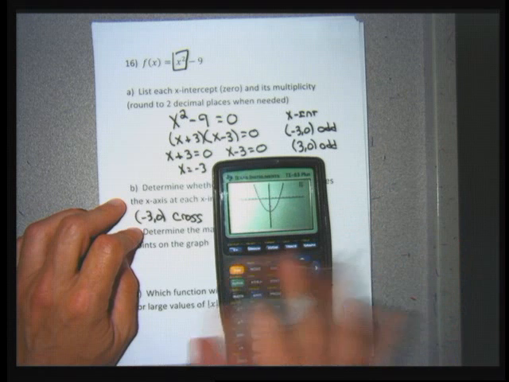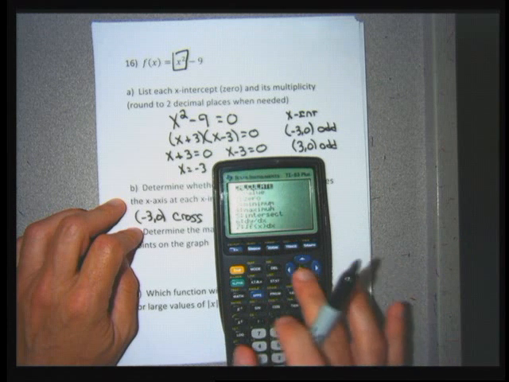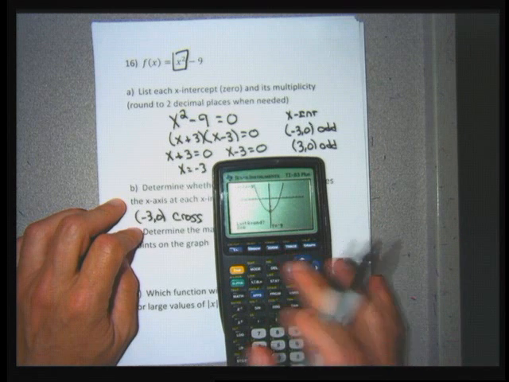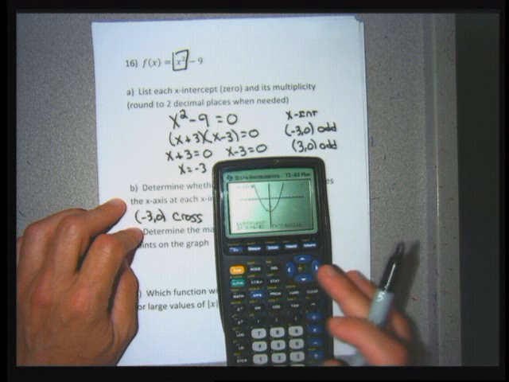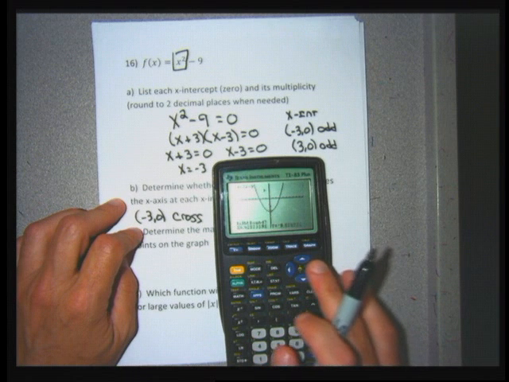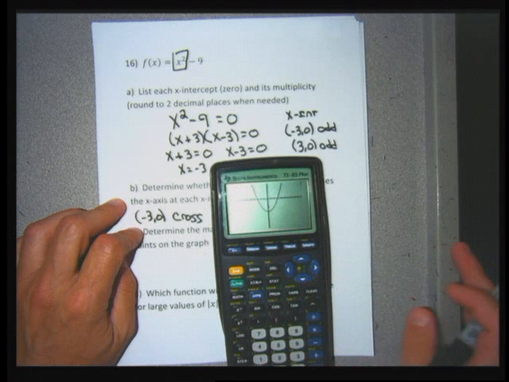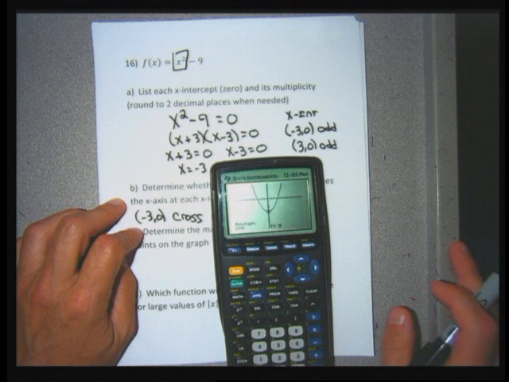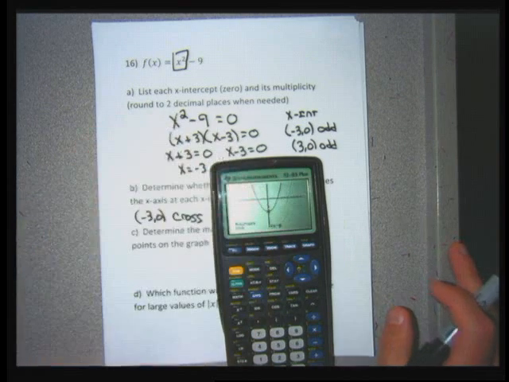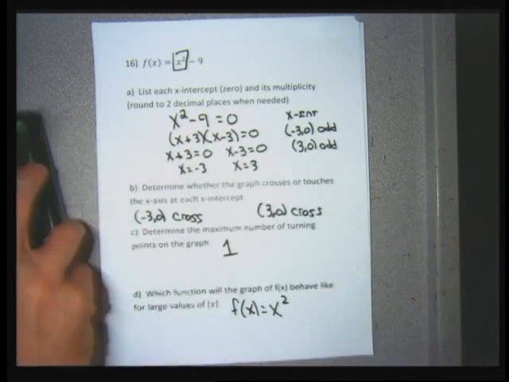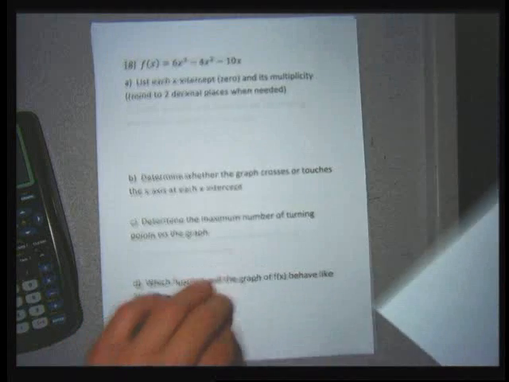I'll find it by going second calc, minimum, trace to the left of that point, hit enter, trace to the right of that point, and hit enter, and trace close to that point, and hit enter, and it tells me that it's (0, -9). So I'm going to transfer this along with the intercepts, put it on a graph.